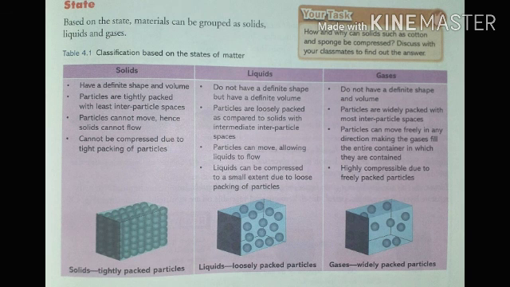Gases do not have a definite shape or volume. Second point is that in solids, tightly packed particles are there, that means the least space between the particles. Liquid particles are loosely packed as compared to solids, whereas in gases, particles are widely spaced. There is the most space between the particles.